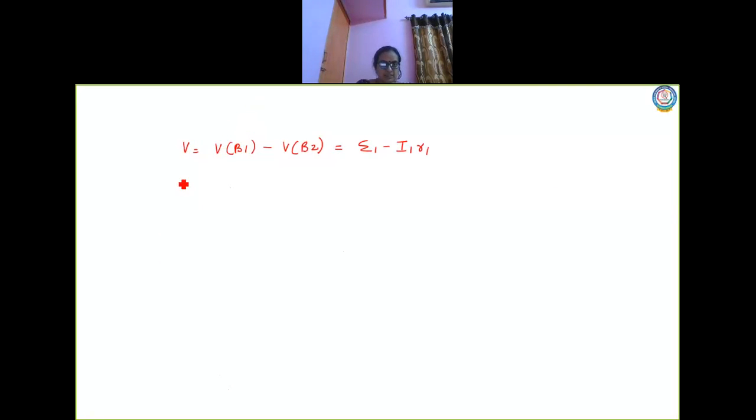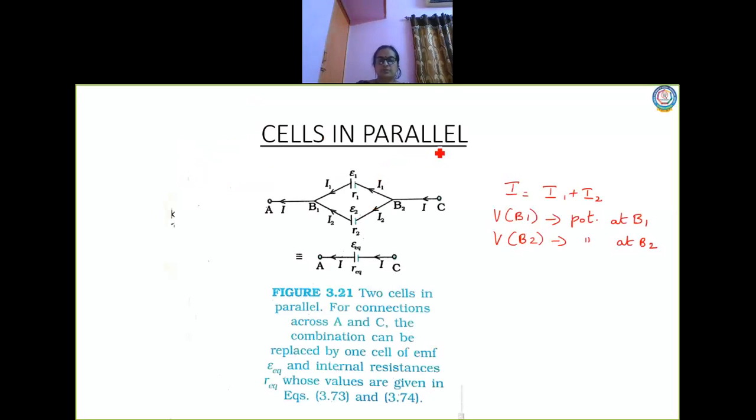Similarly, with respect to the second cell, the potential difference VB1 minus VB2 is equal to psi2 minus I2 into R2. Is it clear, children? Before this I forgot to write the total current.